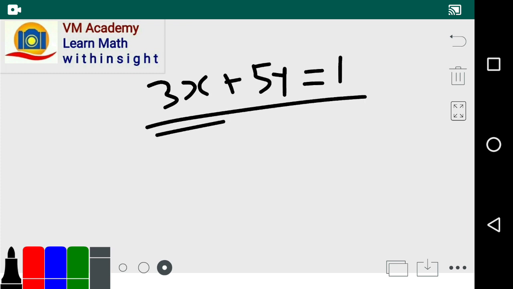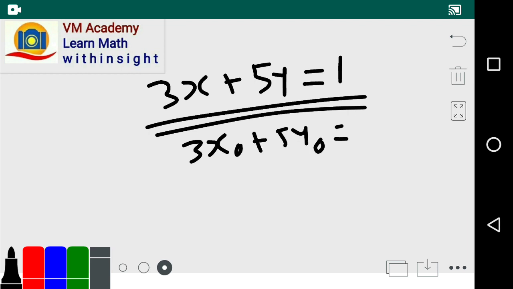Now first we calculate the initial solution x naught, y naught for which 3x plus 5y equal to 1 gets satisfied, meaning 3x naught plus 5y naught equal to 1. This equation should be satisfied. So how to calculate? Now there are two methods.